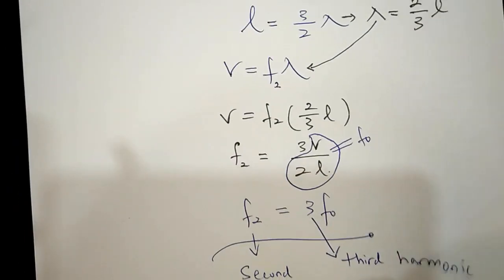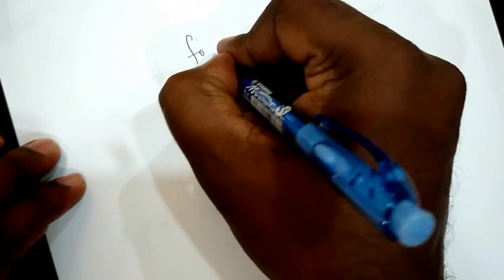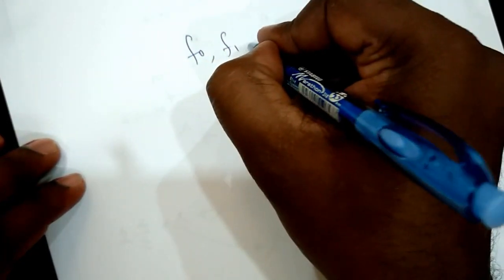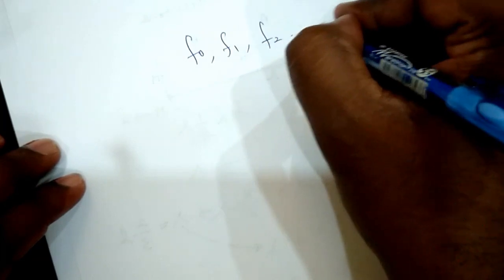So the sequence will be F naught, F1, F2 and so on.